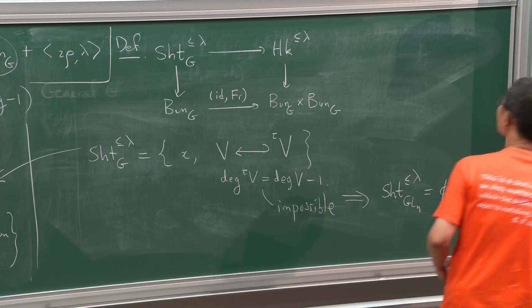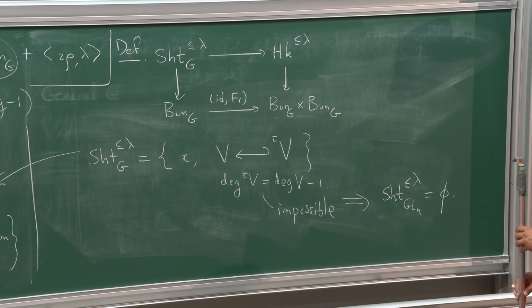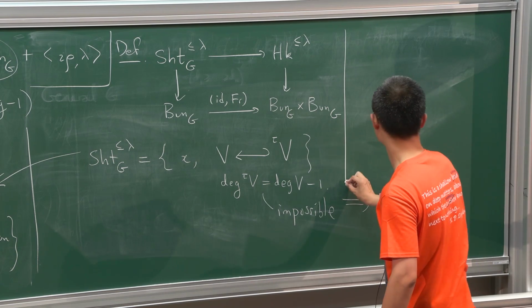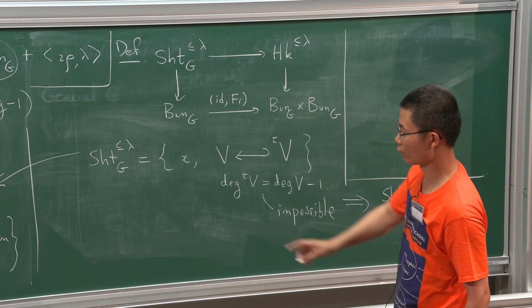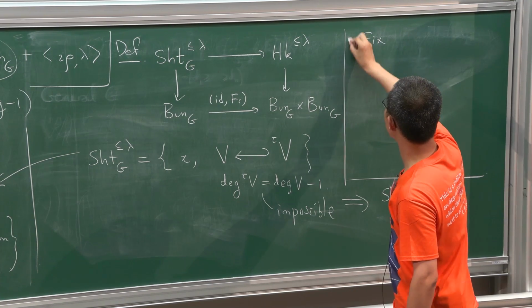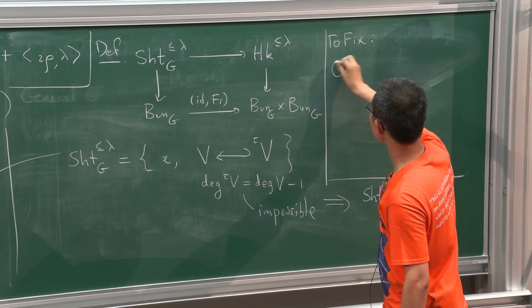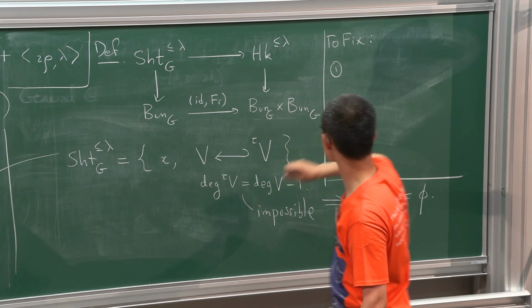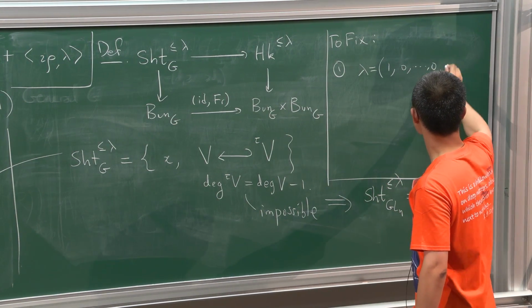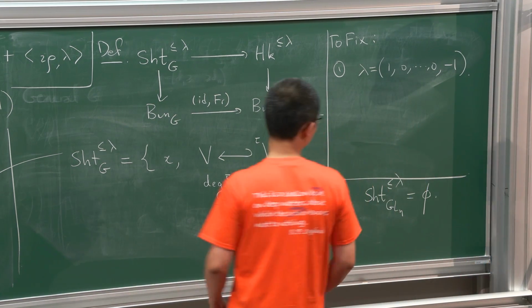The reason for that is our choice of lambda. There are two ways to fix this issue. One is you choose another lambda. For example, it will not be empty if you work with this lambda.